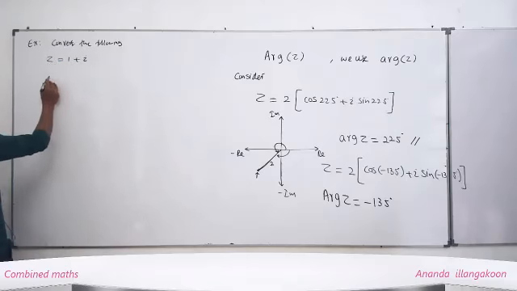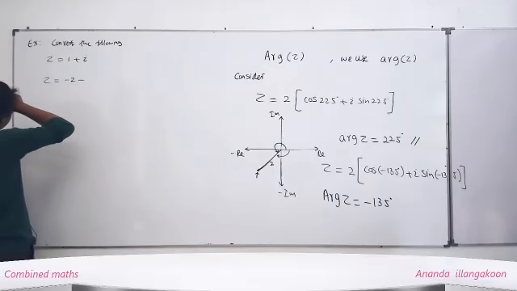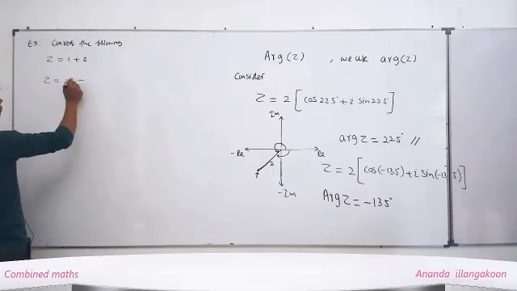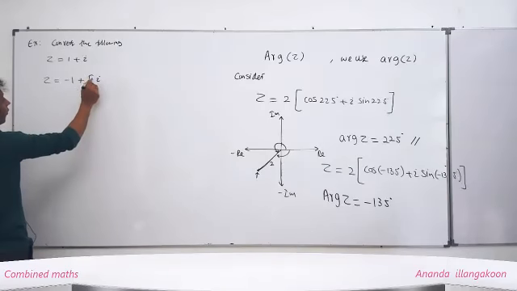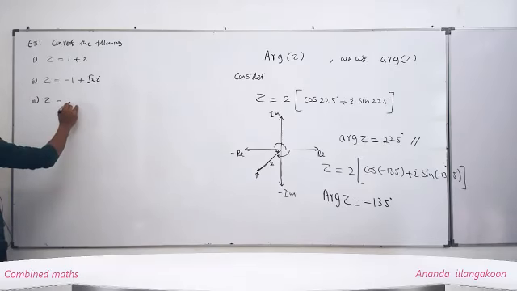One plus i. And next one, minus 2... Minus 1 plus root 3i. Next one, and then minus 1 minus root 3i.